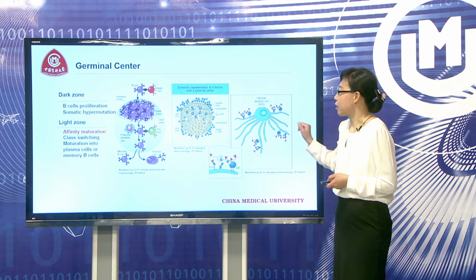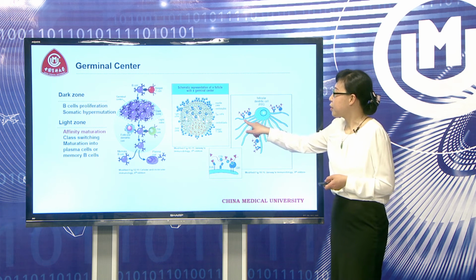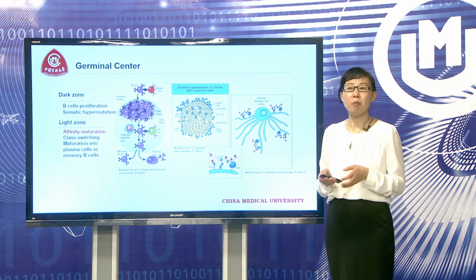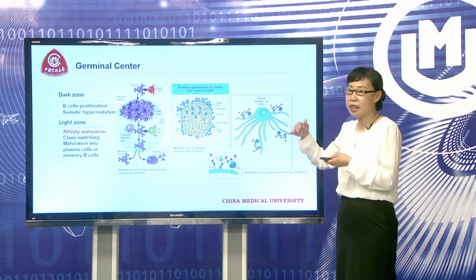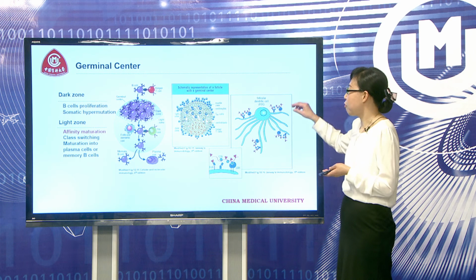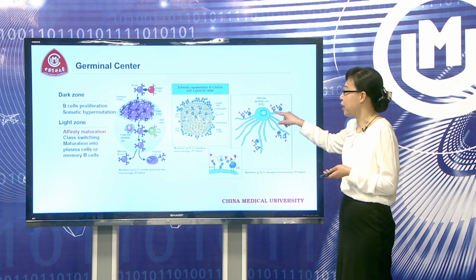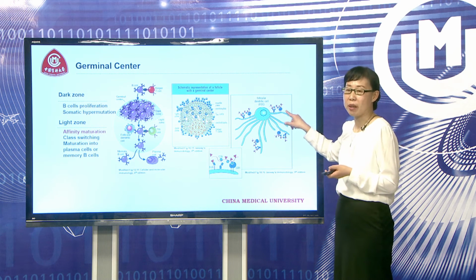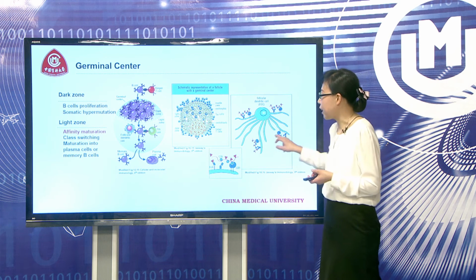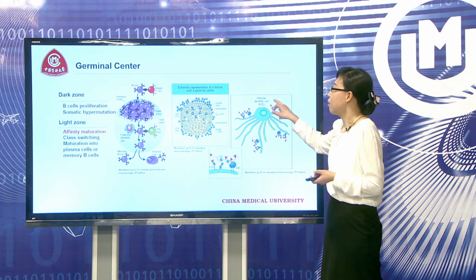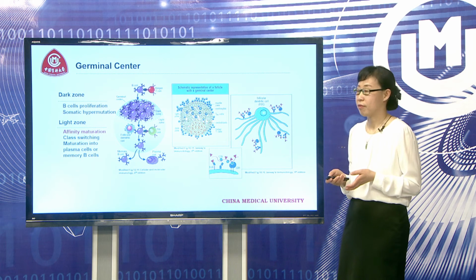Follicular dendritic cells express Fc receptor and complement receptor. That means they can accumulate many antigens in the form of antigen-antibody complexes and complement complexes. So there are lots of antigens on the surface of the follicular dendritic cells.